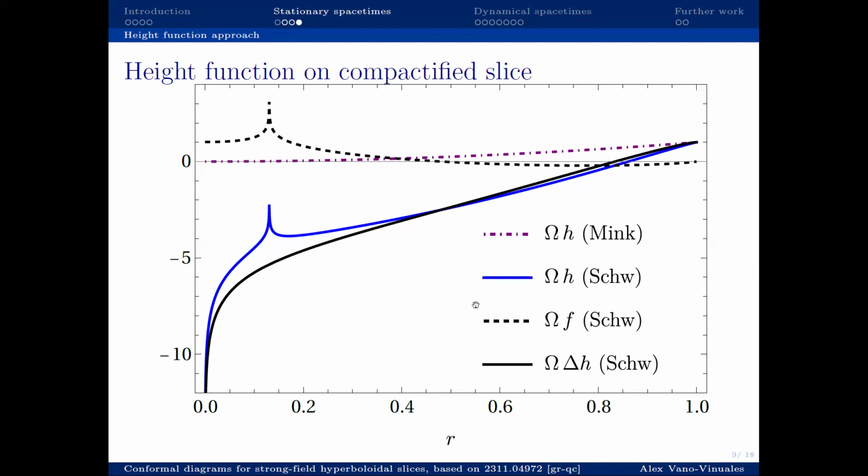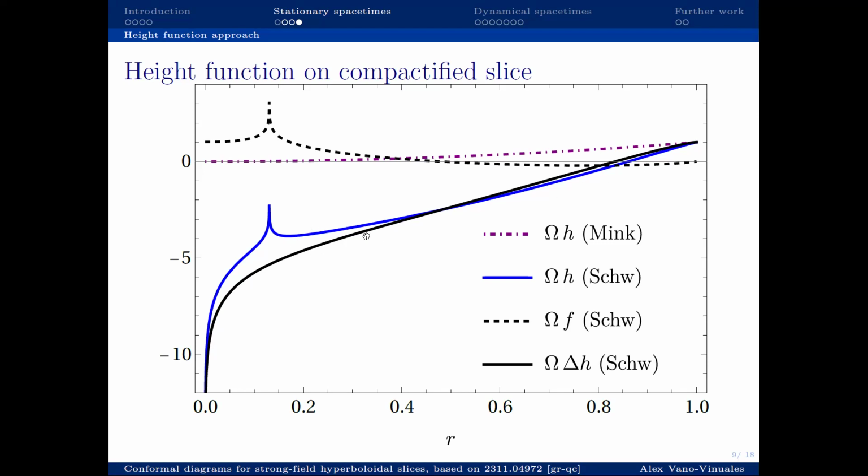The height function, as we can see on the left, diverges at the trumpet, as I mentioned before, and it also diverges at r equals 1. That's why instead of plotting the raw quantity h, I'm multiplying it by the conformal factor that goes to 0. And we can see that omega h actually is finite at future null infinity.